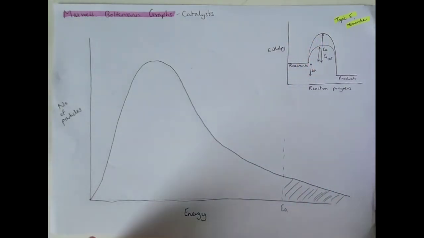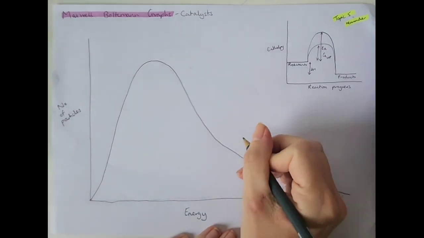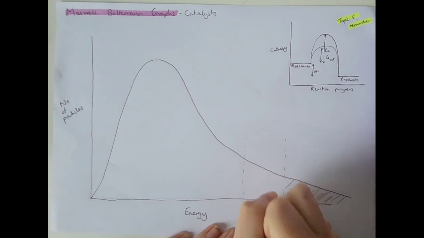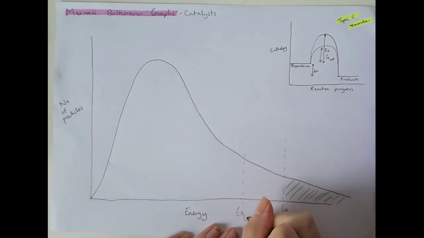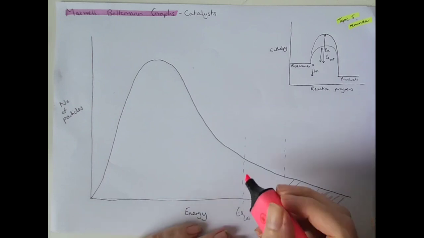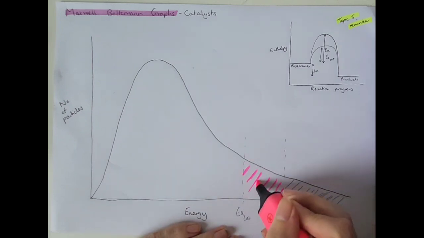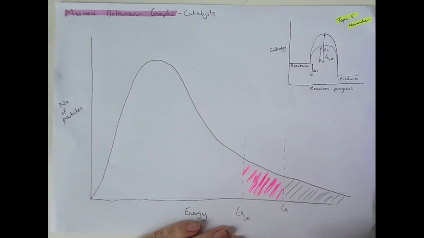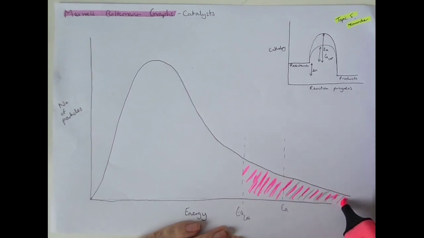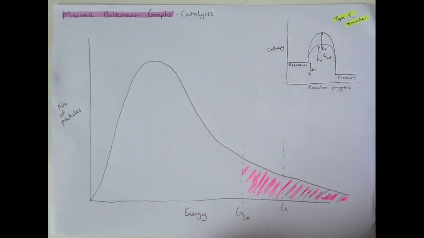So you would draw your new activation energy, your catalyst activation energy, further to the left on the energy graph. So you can see that automatically means there are more particles available for the reaction. So all of these are now available to do the catalyst pathway, and all of these can do the catalyst pathway or the original pathway, which is why catalysts are so effective.